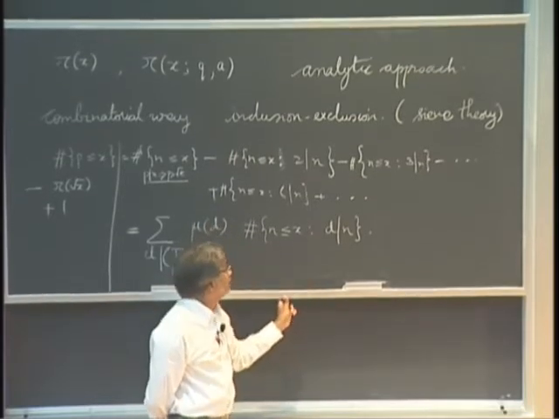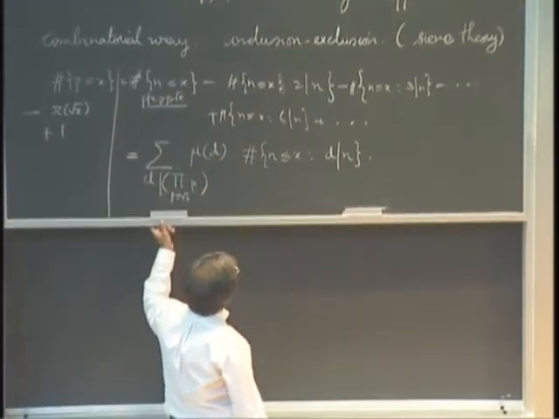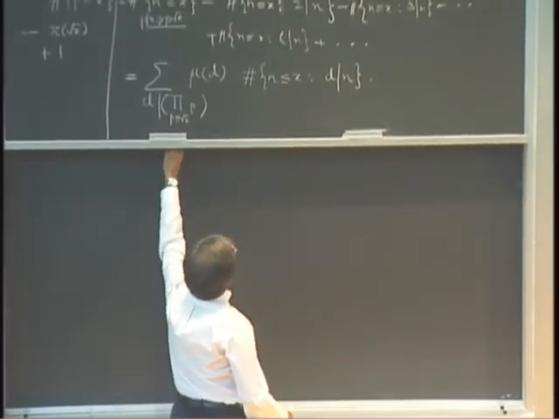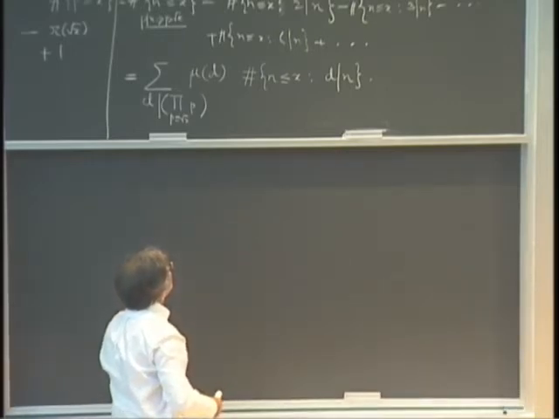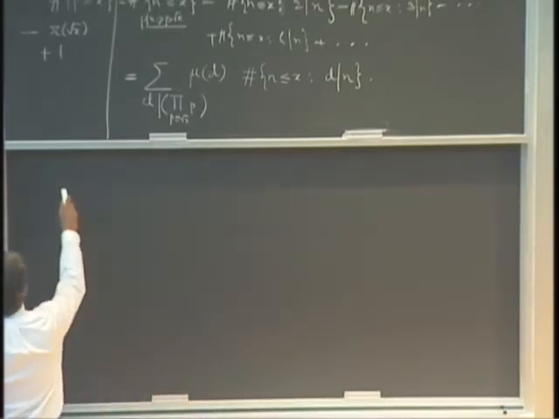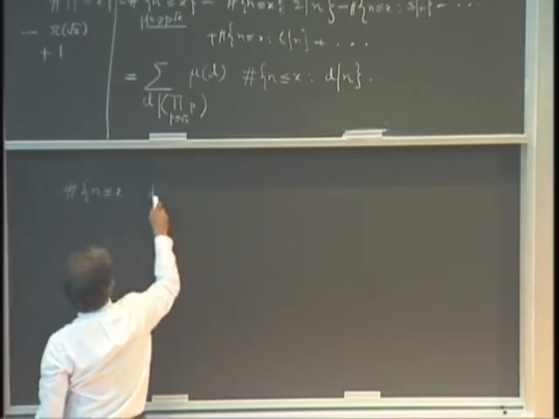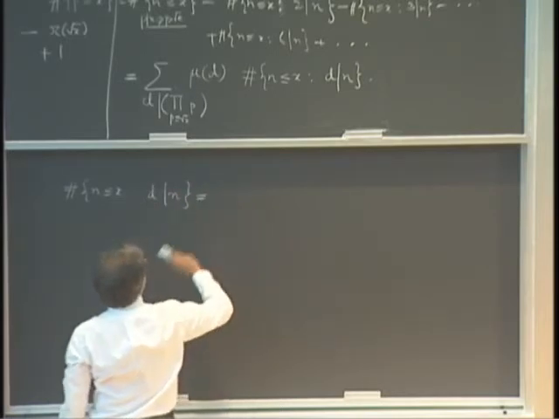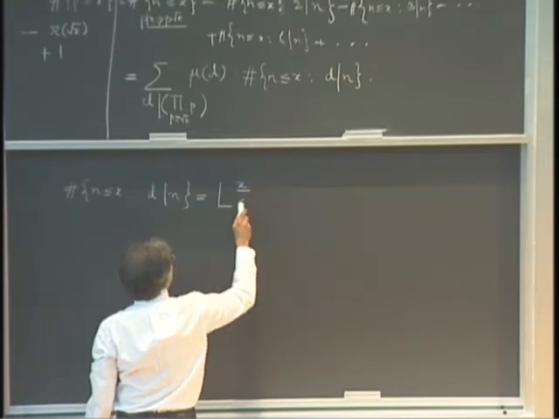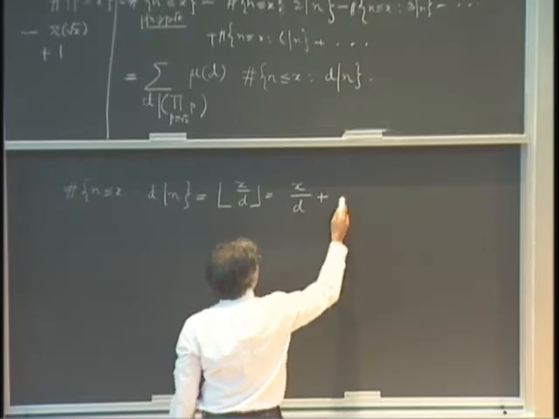Okay? Now, the only trouble with this is that even for a nice sequence of integers, like the integers up to x, what I can say is just that the number of integers up to x that are multiples of a number d is exactly equal to the floor of x over d, which is just x over d with an error that's at most 1.